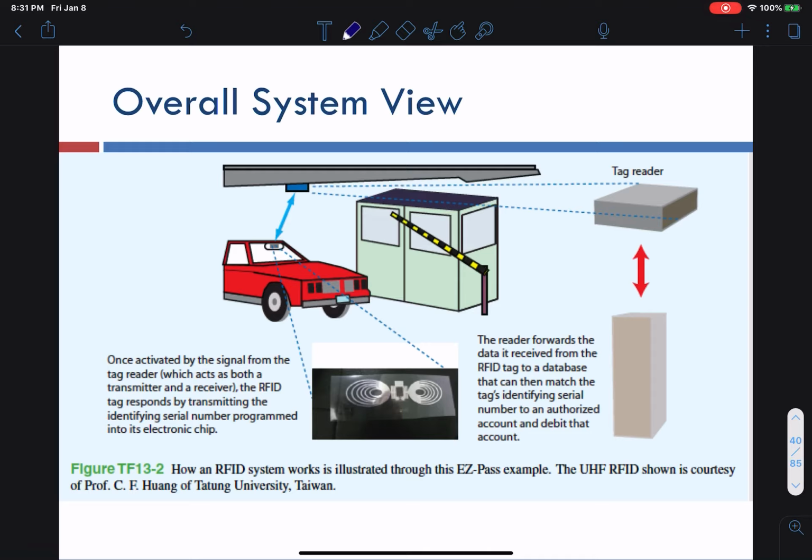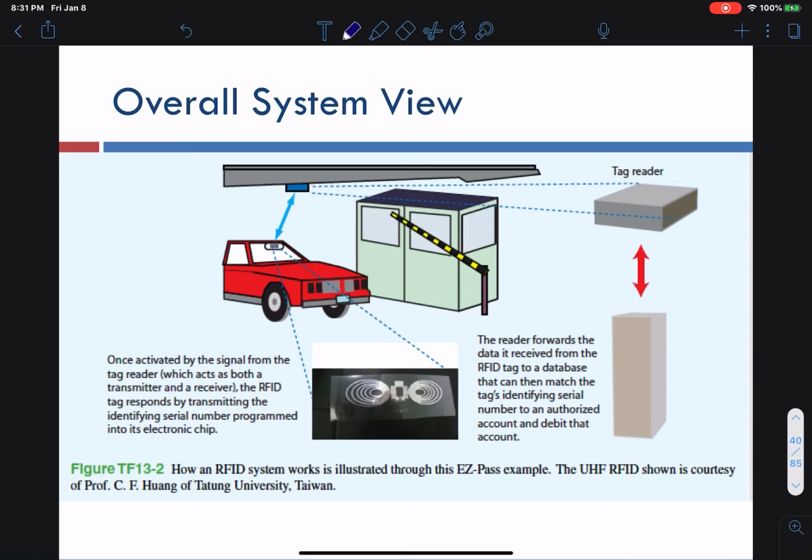Let's talk about the passive one. The tag has a coil that gets the signal from the tag reader. That signal is strong enough to produce a current in the tag. That current activates the chip on the tag, which then transmits its serial number back to the tag reader.